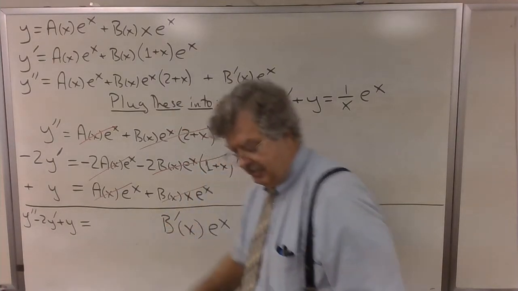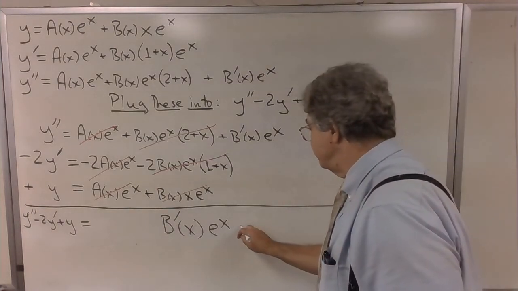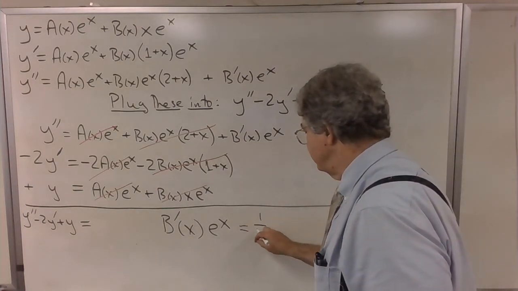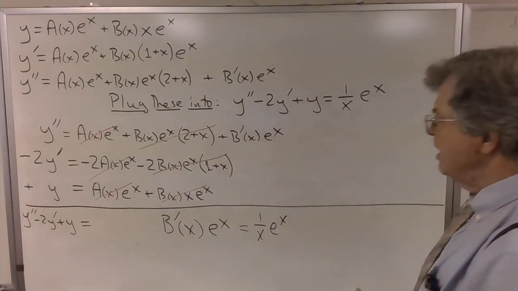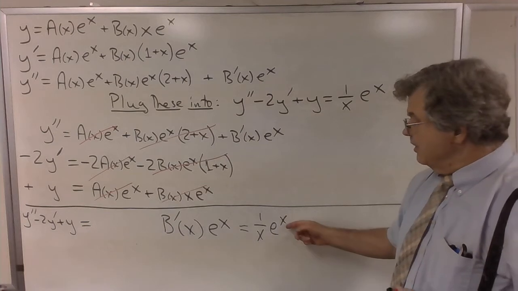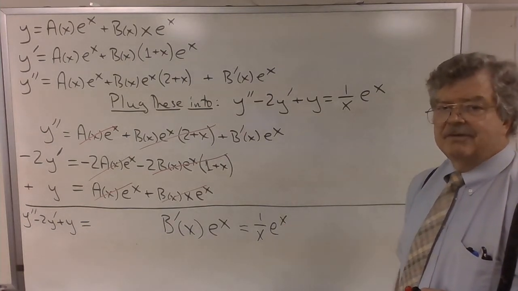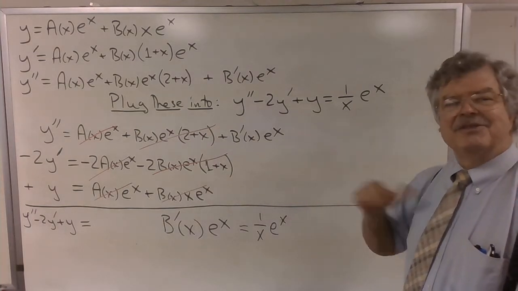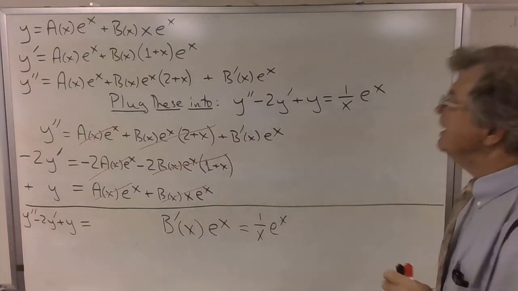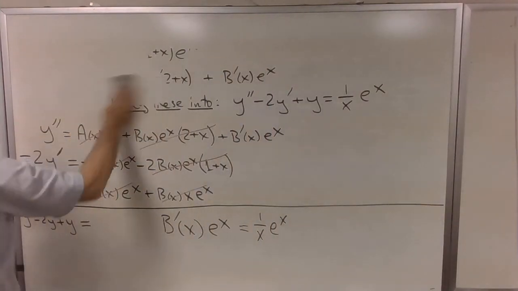This is equal to 1 over x e to the x. So in order to find b of x, I just have to solve this equation. This is so easy, even I can do it. Wonderful.